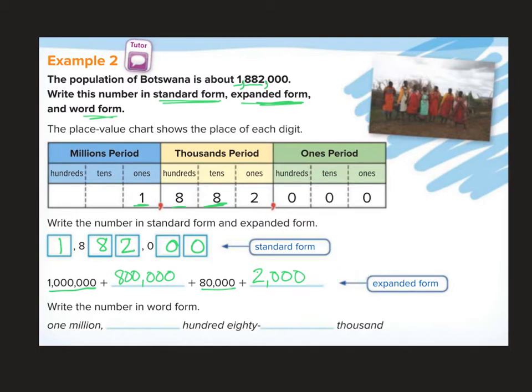Its value is nothing, so we don't even need to write it down. Okay, so write the number in word form. 1,882,000.